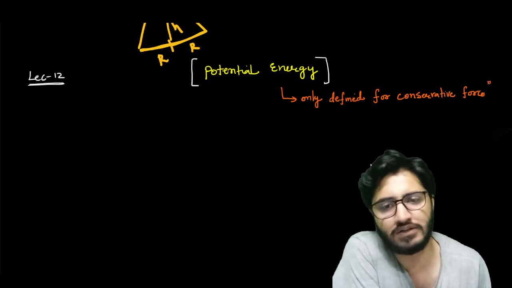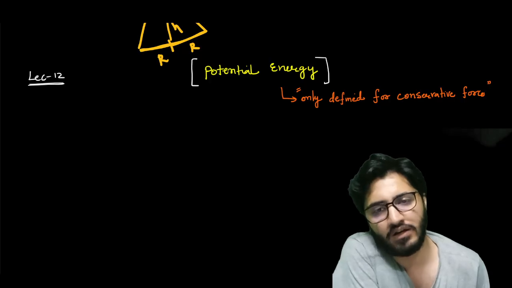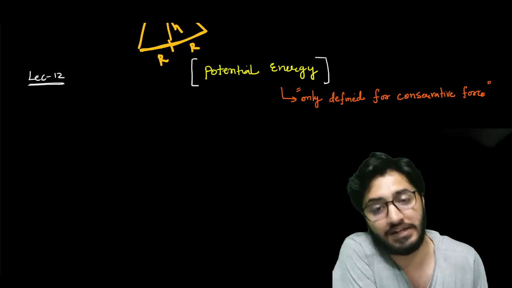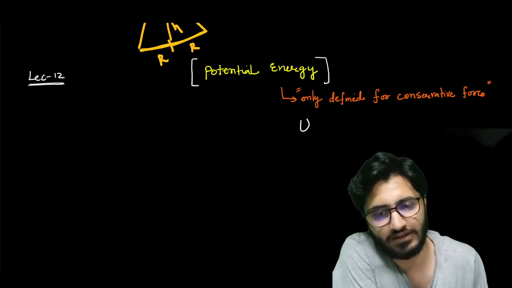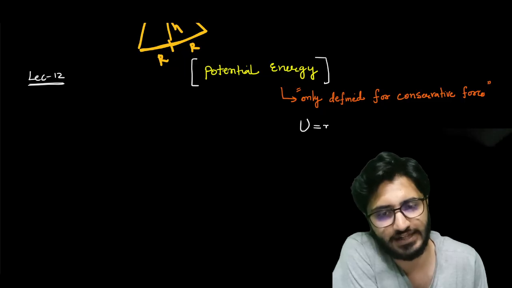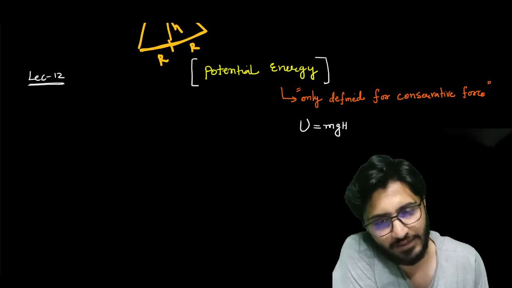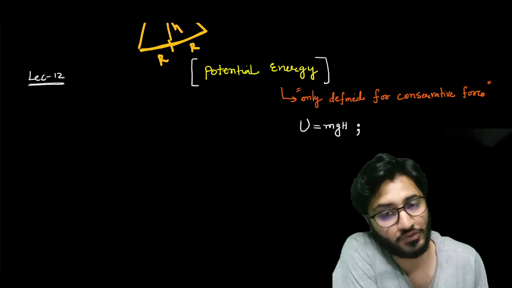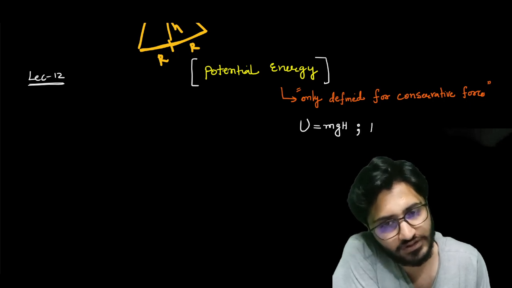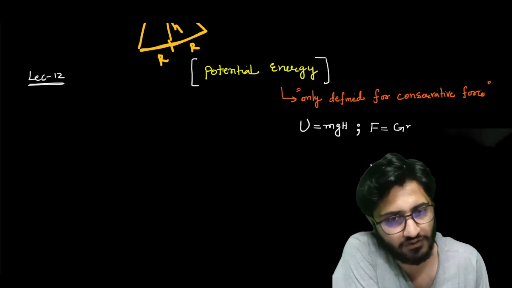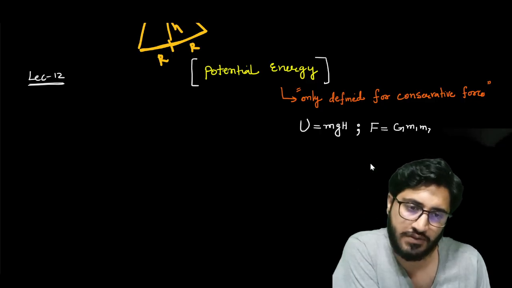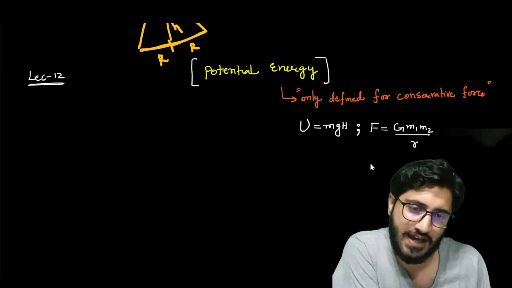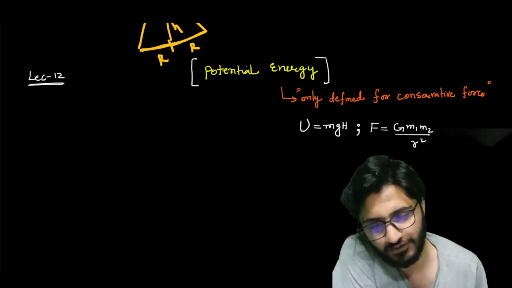I guess back in your 11th standard, you had learned regarding potential energy, that is mgh. Okay, so this mgh is defined. Do you know why? Because the force which is behind this mgh is my gravitational force, and the gravitational force is a conservative force.